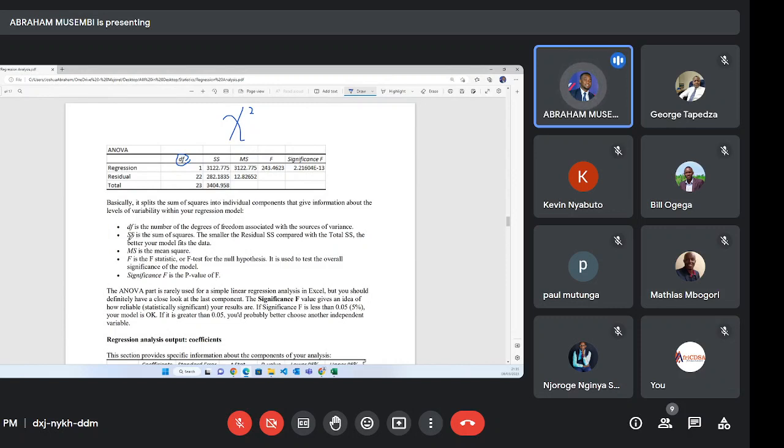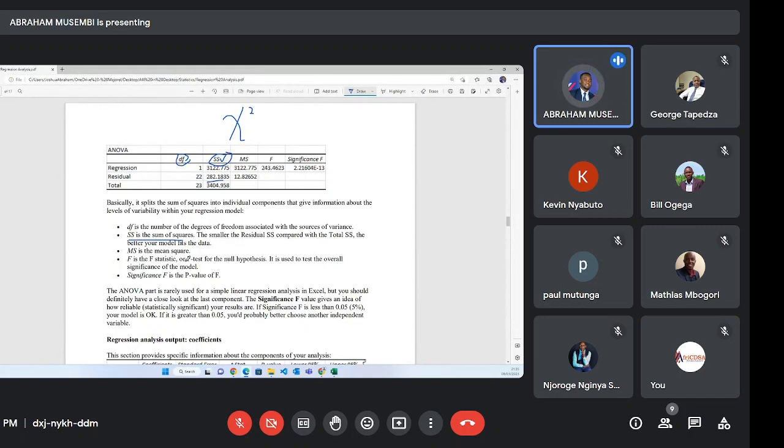So we also have some conclusions, and we'll see how we can conclude between the total sum of squares in comparison to the residual.